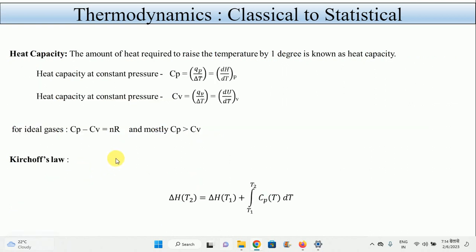Similarly, Cp is greater than Cv. Then sir taught us Kirchhoff's law also. The change in enthalpy at temperature T2 is equal to the change at temperature T1 plus the integral of delta Cp, a function of temperature, dT from temperature T1 to T2.